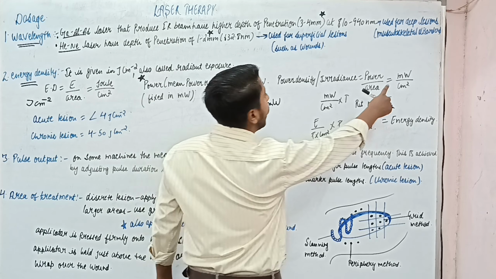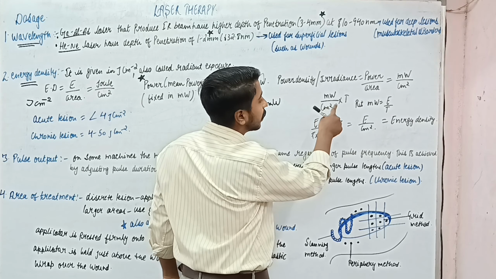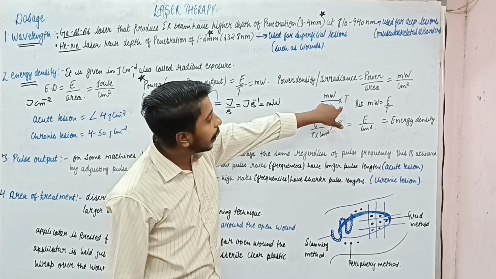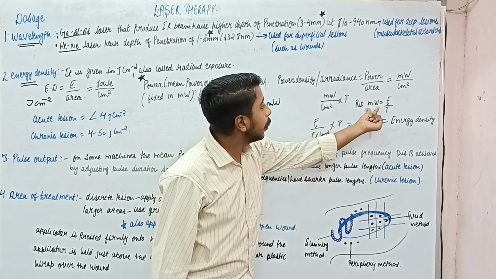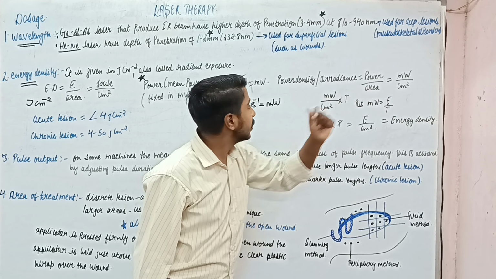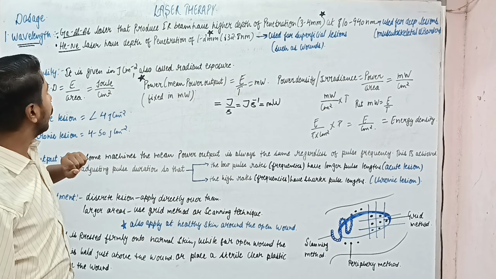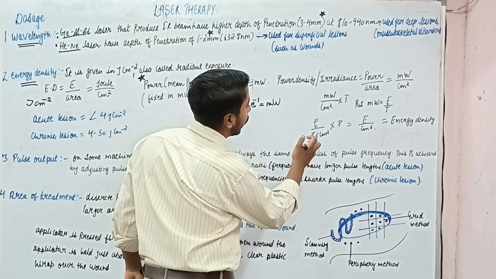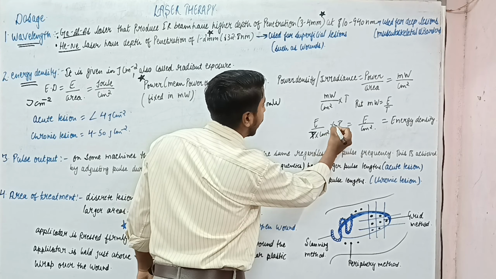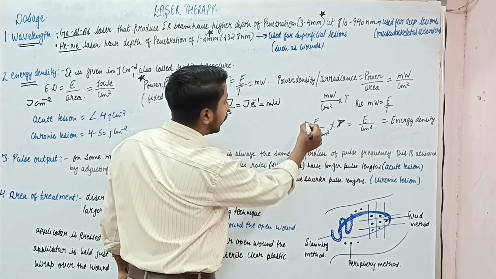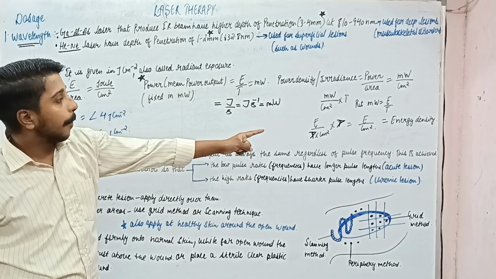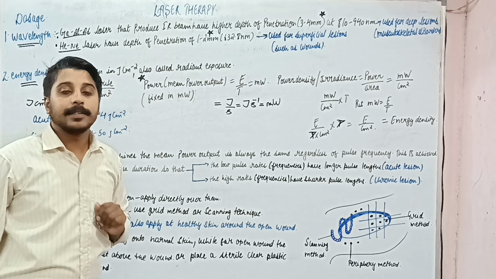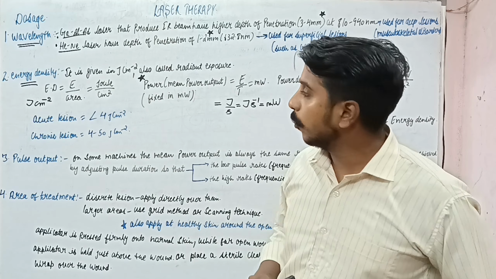So we use milliwatt per centimeter square into time. Now we put milliwatt equal to energy upon time, and this T cancels with T, which becomes energy upon centimeter square, which was energy density. This is important to understand.